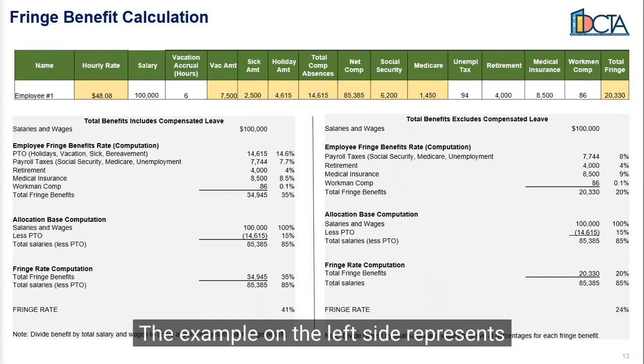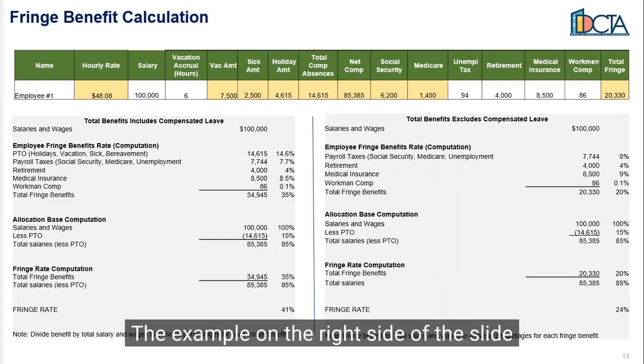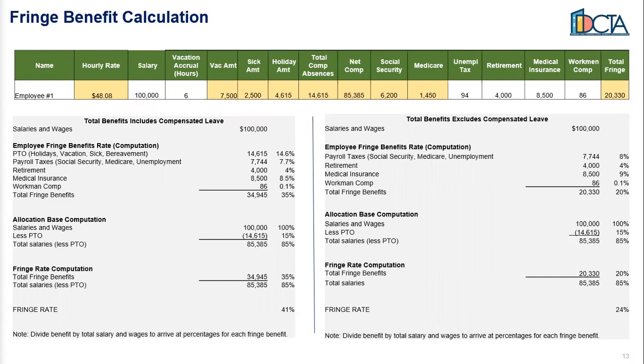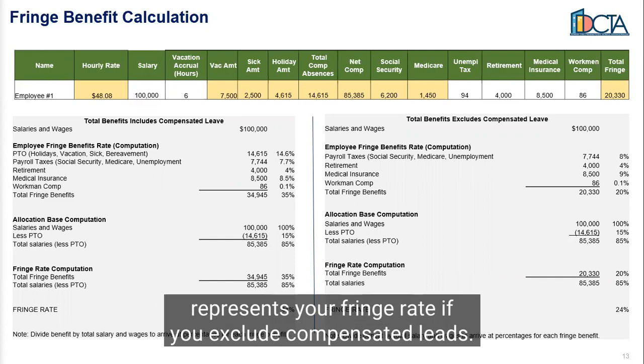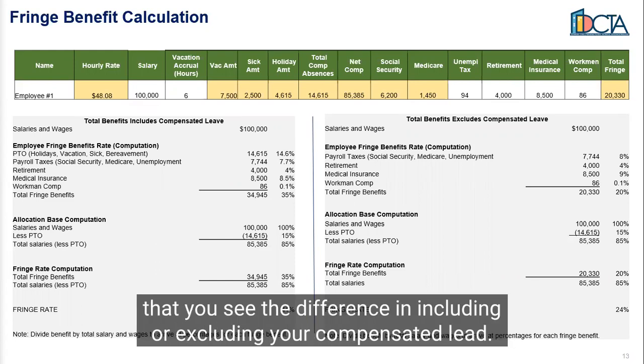The example on the left side represents a fringe rate if you include compensated leave. The example on the right side of the slide represents your fringe rate if you exclude compensated leave. But we'll walk through both examples so that you see the difference in including or excluding your compensated leave.